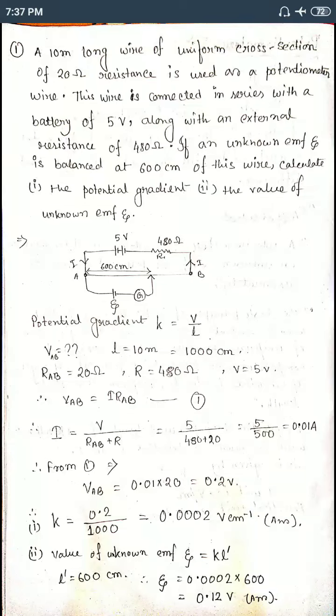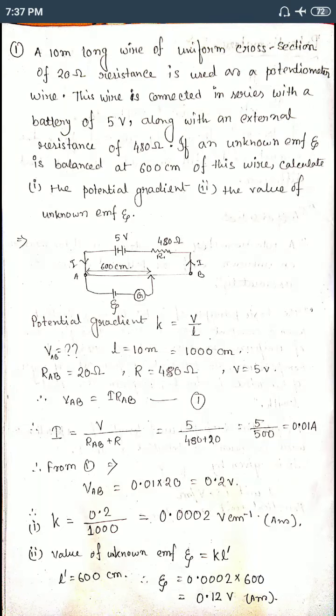The battery is 5 volt, and the external resistance, capital R, equals 480 ohm. The wire resistance is 20 ohm, that's why I write RAB, and the external resistance connected in series with that wire, I write only R.